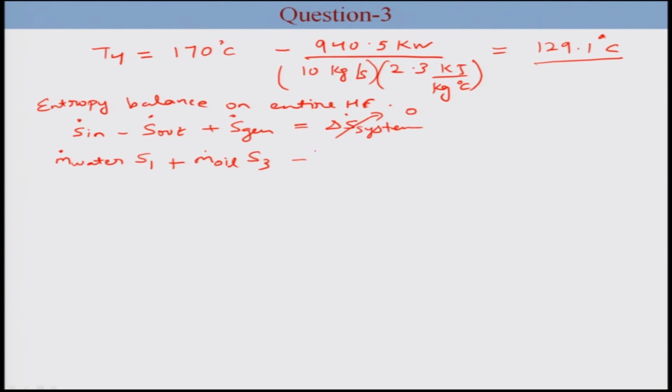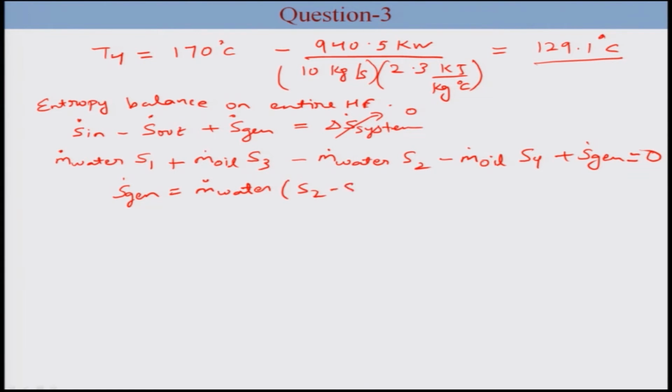Streams which are leaving, because of water it is m dot water multiplied by S2, and because of oil it is m dot oil into S4, plus S dot gen. So, this is equal to 0. From here the rate of entropy generation is equal to m dot of water multiplied by S2 minus S1 plus mass flow rate of oil multiplied by S4 minus S3.